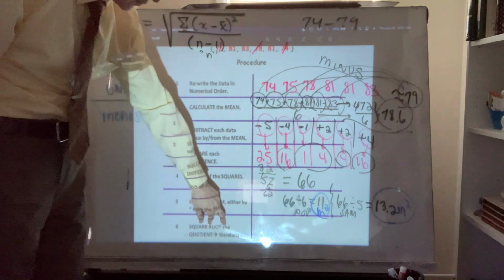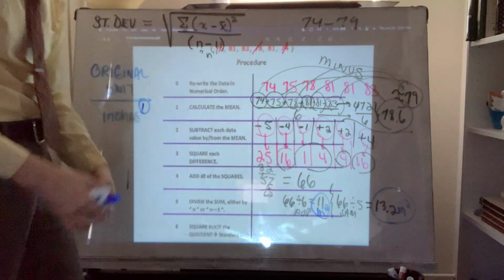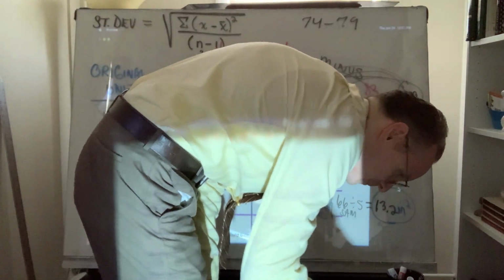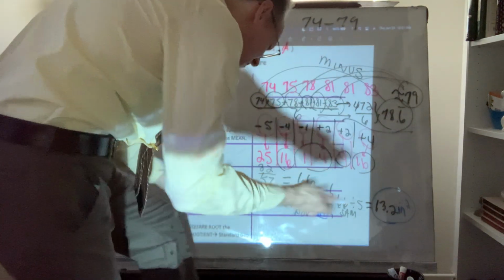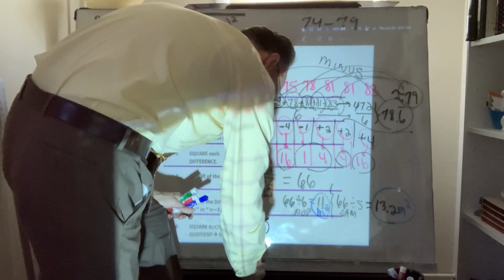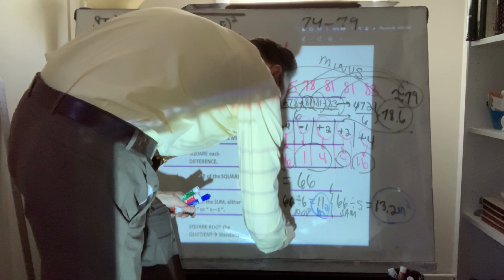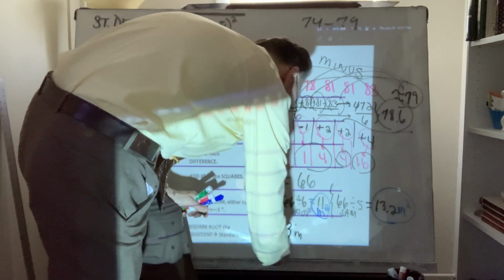So if you take the square root of 11, you get what? 3 point something? You get 3.3, something like that. I'm going to write it with the abbreviation of lowercase sigma in this case, is about equal to 3 inches.